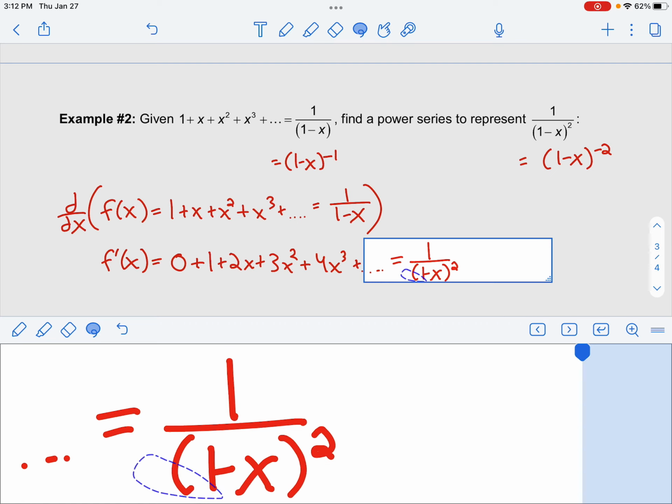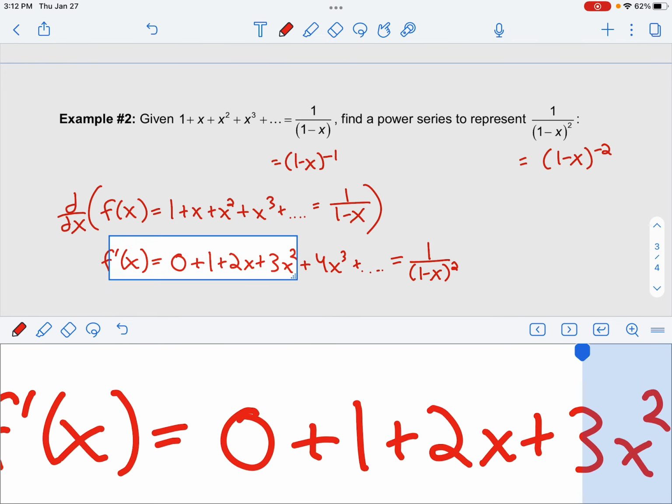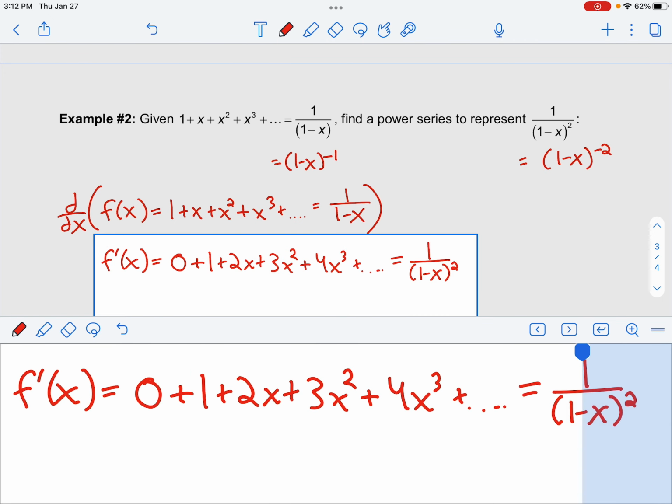Now we do have a series that can represent 1 over 1 minus x squared.